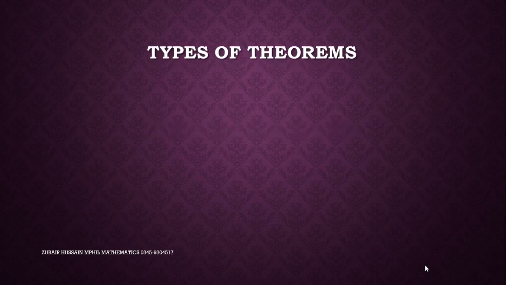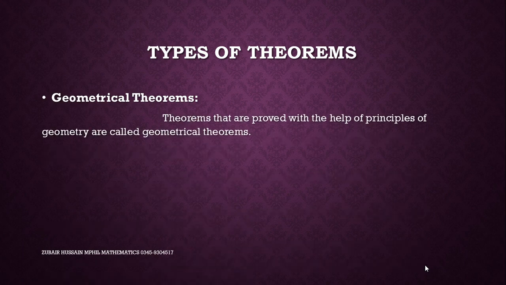Now there are some types of theorems. Let's learn about the types of theorem. Number first is the geometrical theorem. It is clear from its name that a theorem involving geometry is called a geometrical theorem, or we can say the theorems that are proved with the help of principles of geometry.